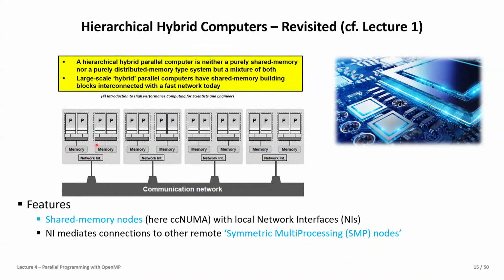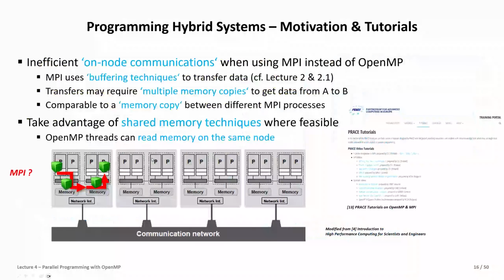But when you want a bigger and bolder simulation that doesn't fit into the memory, or you want more speedup, you always have to add other nodes. But with this, you can't access the memory anymore. You have to use a network interface, the communication network, and you usually do this using MPI messages. Hence, this enables us to think a bit more about hybrid systems.